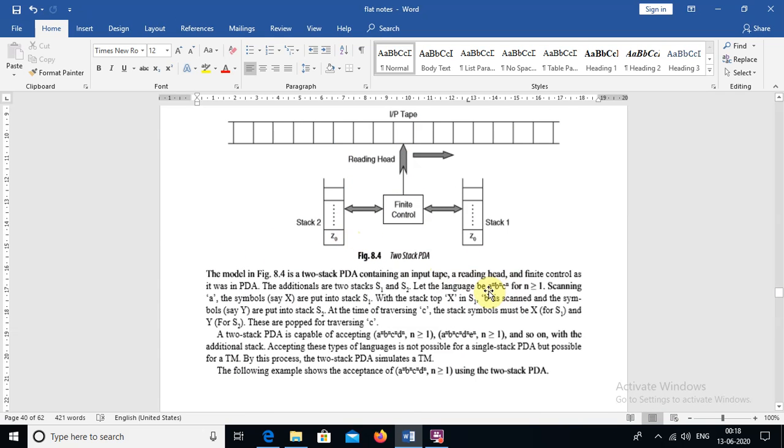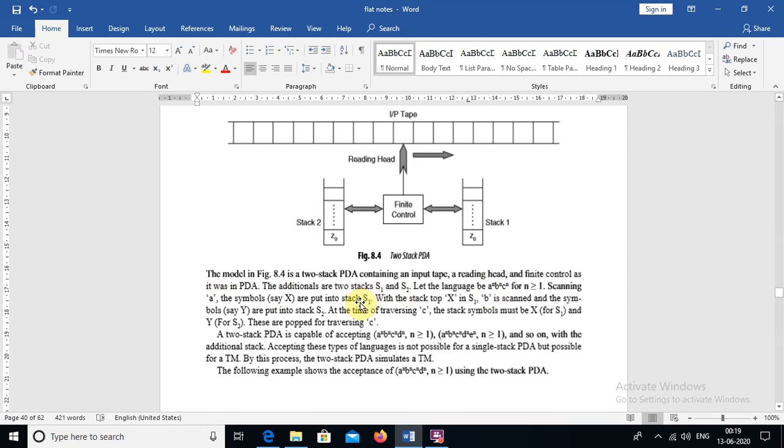If you take a language a power n, b power n, c power n, where n is greater than or equal to 1, what is actually happening there? First you have to scan a, and for a you can push some x into S1.